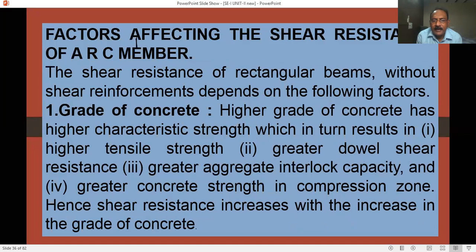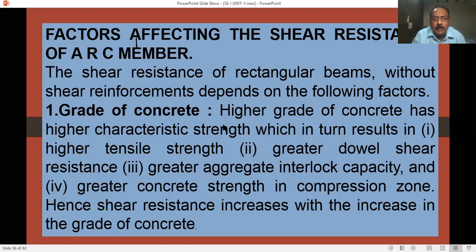If you don't provide stirrups, you can do a mini project also, because you can compare with stirrups and without stirrups, how the variation is, as a mini project or major project. First one is the grade of concrete. This you have to do in the lab. See this grade of concrete, why it is important.